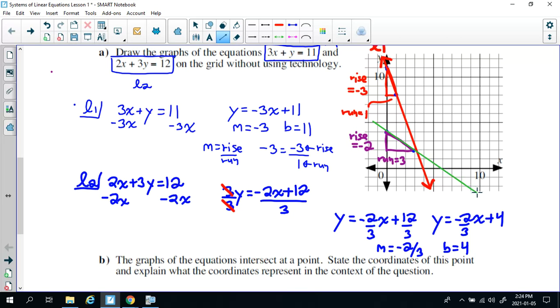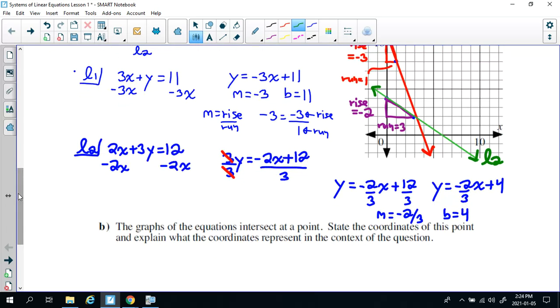I don't know, that's very mediocre. Okay, good enough though. And then we'll just draw the arrows at the end to show that the line is continuous. And this is line number 2. Okay, now it says B. So that's just a quick review of how we would plot a straight line by hand if we're given an equation.